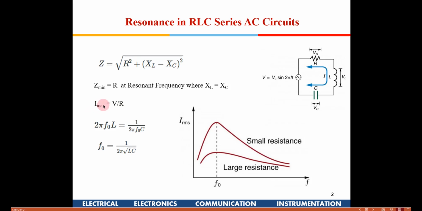If I plot the RMS current on the y axis and change the frequency, at the resonant frequency XL and XC cancel out each other, and then I will have I max, which is the maximum RMS value, V divided by R. Do you understand the difference from the I max we have been learning?